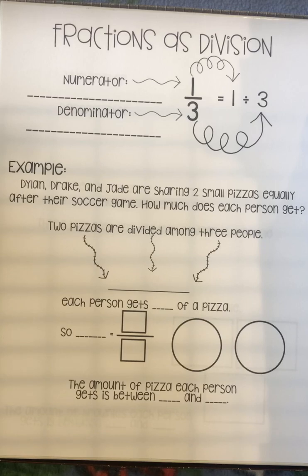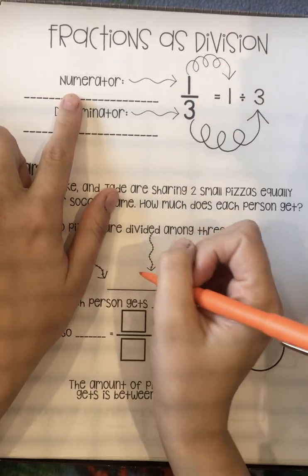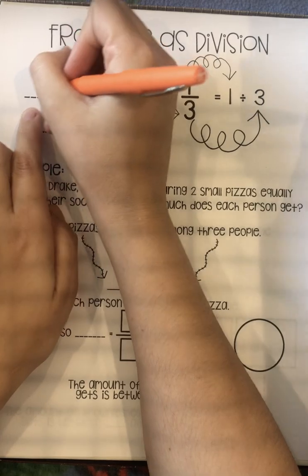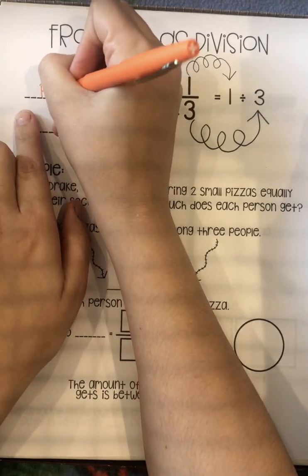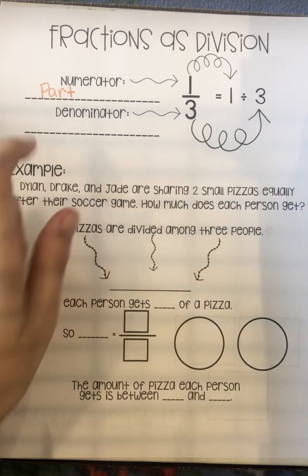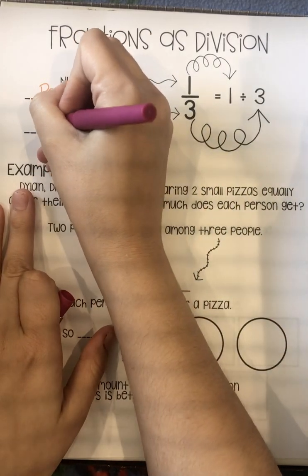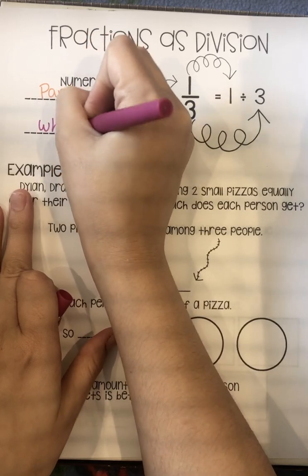So first let's talk about what the different parts of a fraction are. We have our numerator, or our top number. Our numerator we can think of as the part, and our denominator, or our bottom number, we can think of as the whole.